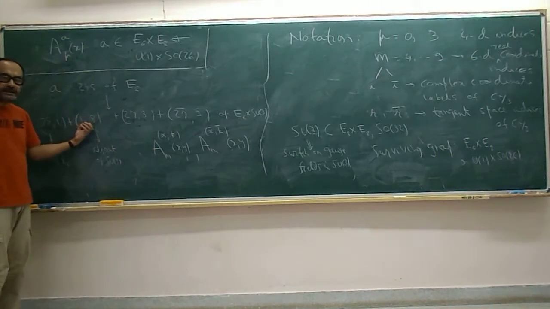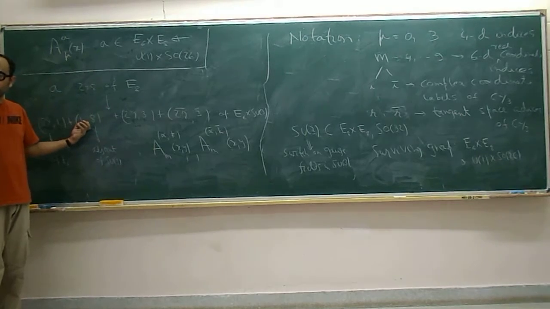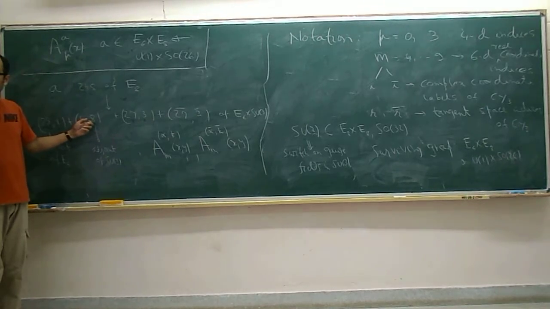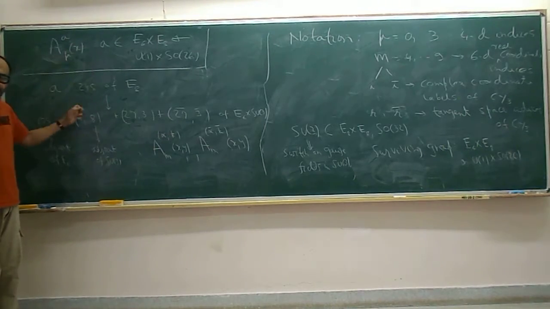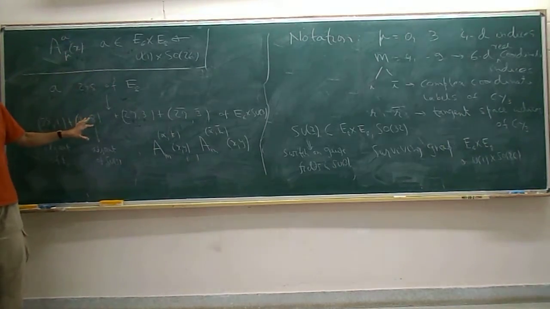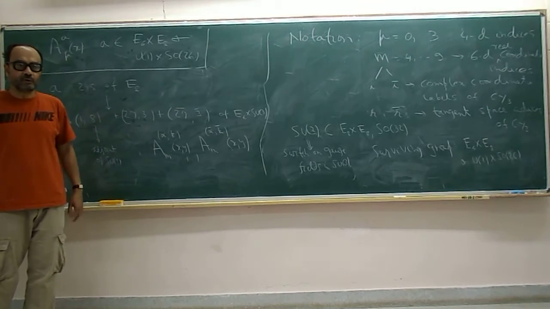Because once you switch on these, the vacuum expectation value corresponds to switching on internal gauge fields. These are the SU3 adjoint gauge fields. So switching these on means that we are no longer identifying the spin connection with the gauge connection. So these can be there, but right now we will not worry about this.